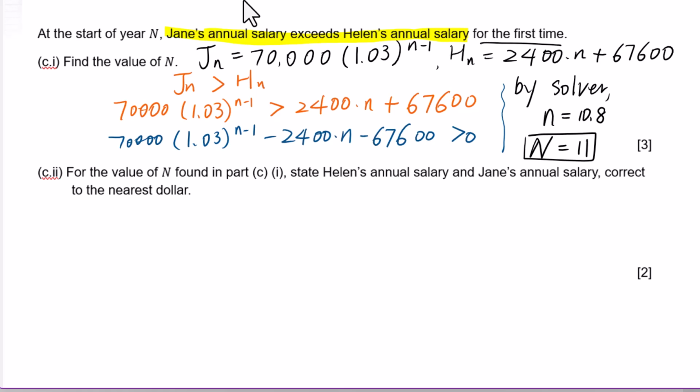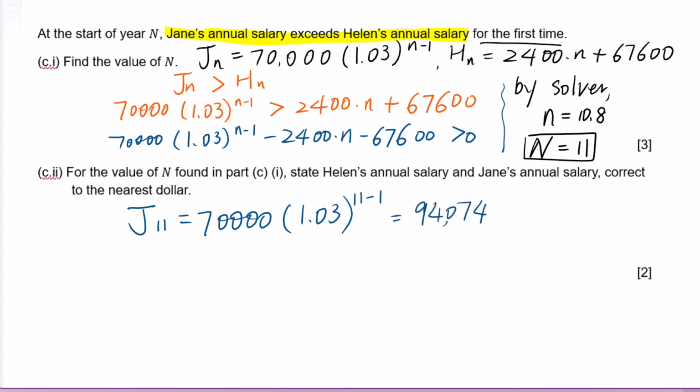C2, for the values of n found in part C1, state Helen's annual salary and Jean's annual salary, correct to the nearest dollar. G sub 11 equals 70,000 times 1.03 to the 11 minus 1's power equals $94,074.